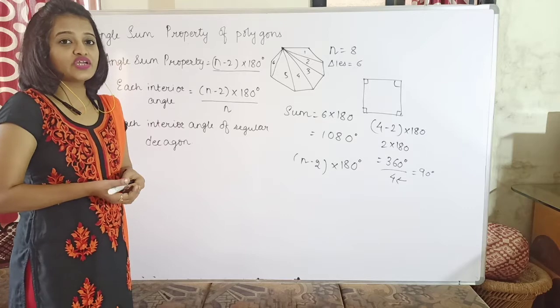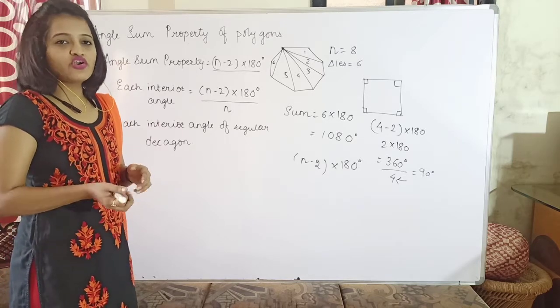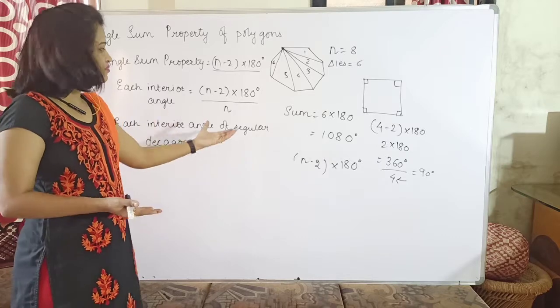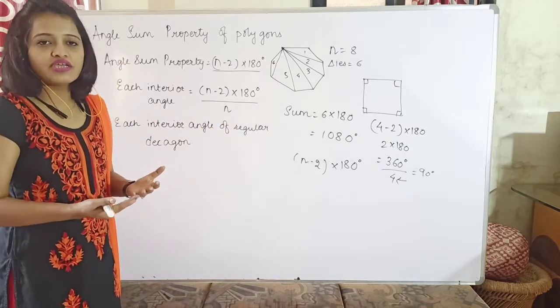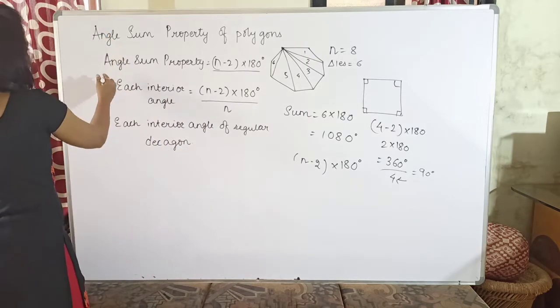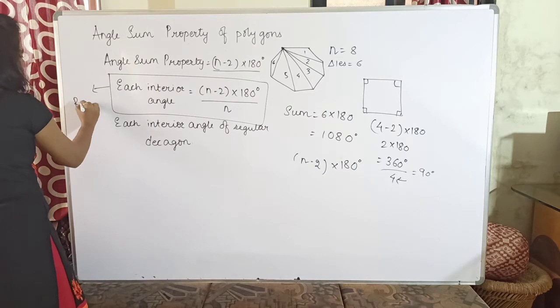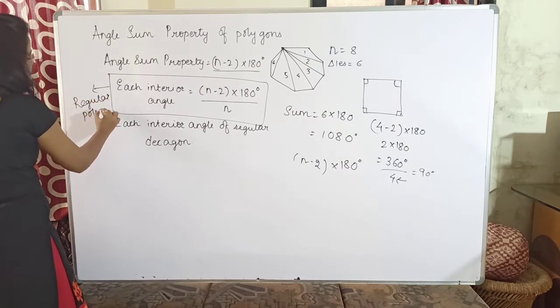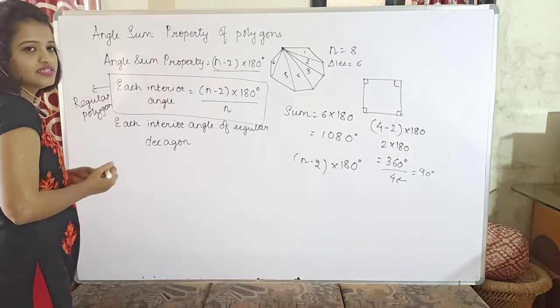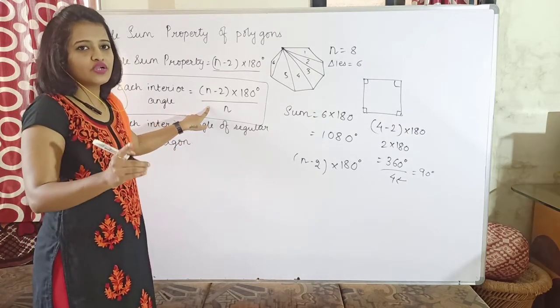Because in case of an irregular polygon, all the angles are of different values, so you cannot divide the sum by the same number and get the value of each angle. This formula is applicable only in case of a regular polygon, because in a regular polygon, all the angles are of equal value. Hence I can apply this formula only in case of a regular polygon.